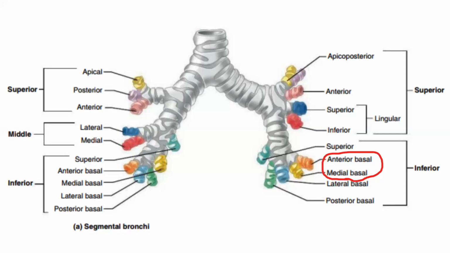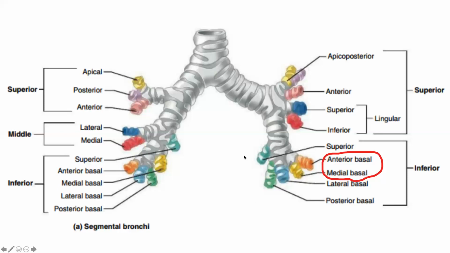So this secondary bronchus will further divide into apical, posterior and anterior segments. These bronchi are called tertiary bronchi, which go to each individual segment in the superior lobe, middle lobe, and inferior lobe.